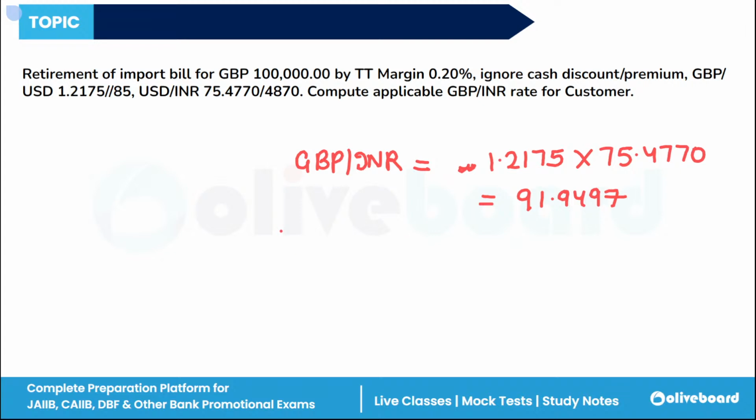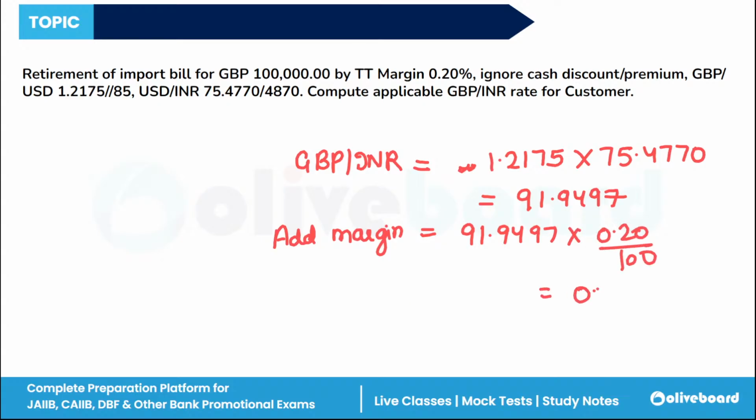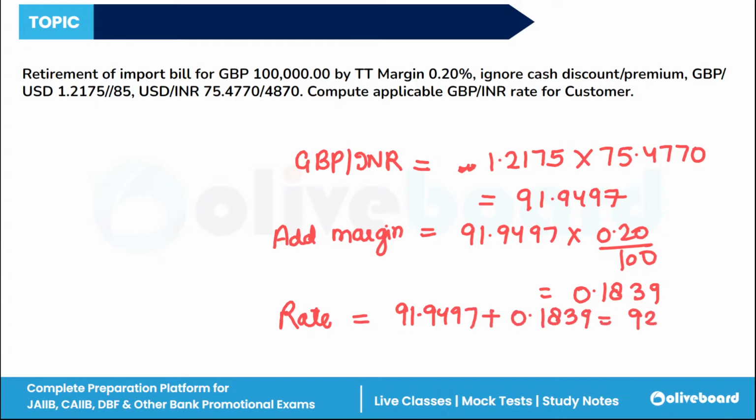Now margin is given here, so just add the margin, which is equals to 91.9497, and calculate 20%, which is equals to 0.1839. So what is the rate after the margin? It is 91.9497 add 0.1839, which is equals to 92.1336. Now this is the answer.